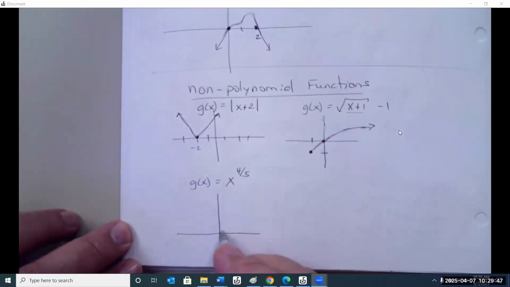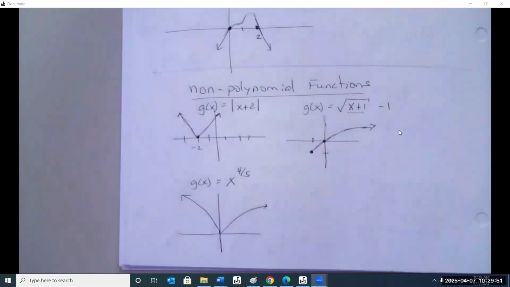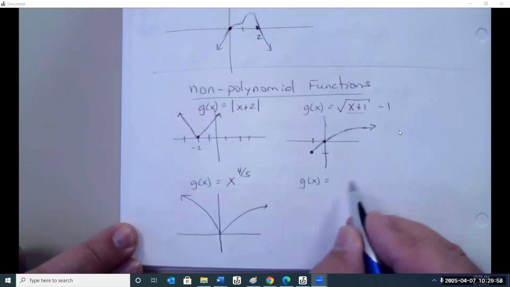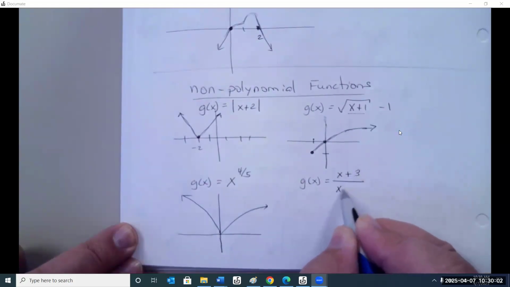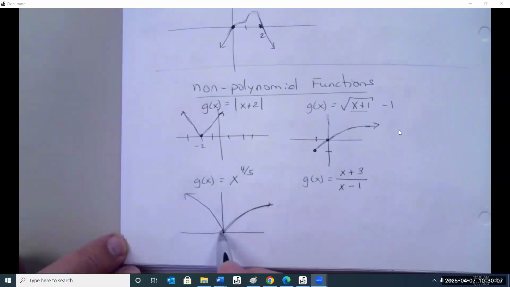X to the 4/5 is a graph that looks like this. These are bends.